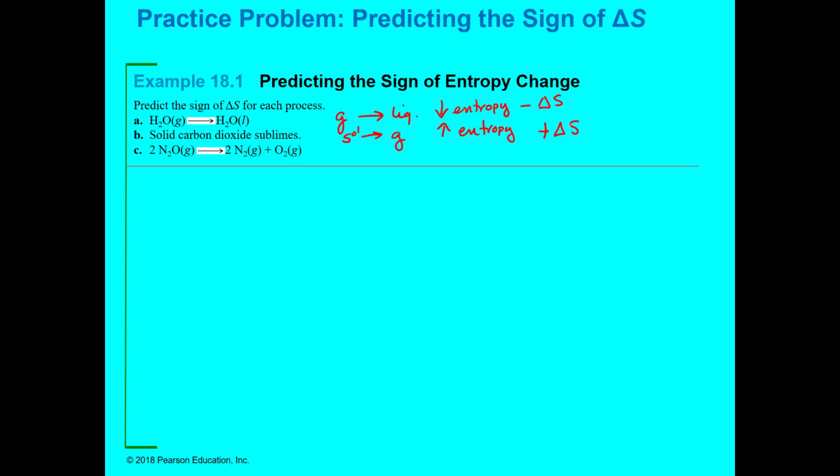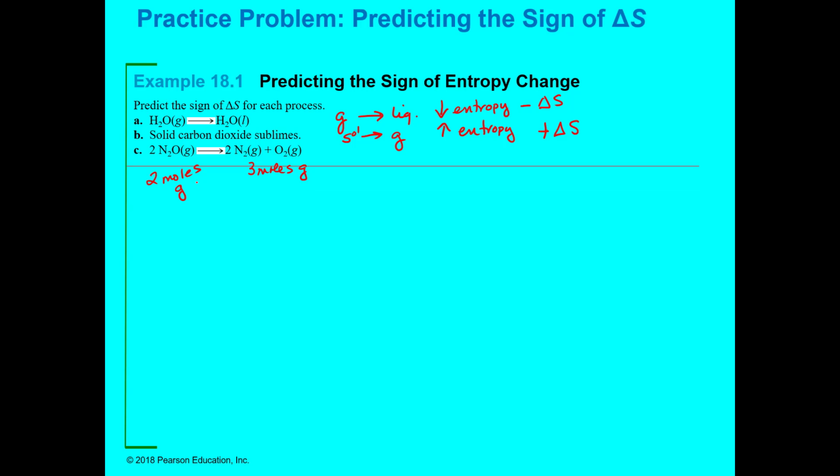And then finally in this one, okay, they're all gases, so I can't really go by changes in state. But what I can go by is the more molecules you have, or atoms or whatever, the more molecules typically in a reaction, the more disordered you have and the more ways you could rearrange those. So since I have 3 moles of gases on this side and 2 moles of gases on that side, I'm going to have a higher entropy on the side with the more moles, because I have different ways I could rearrange those.